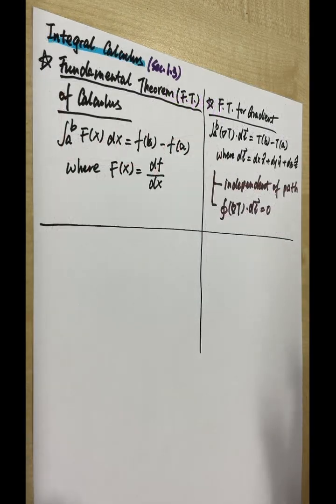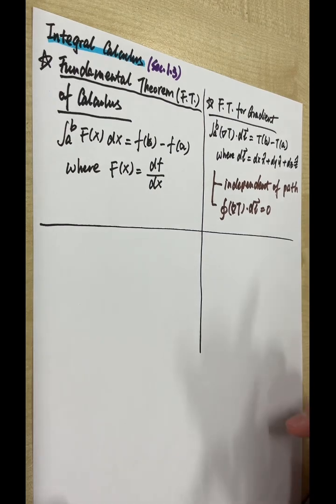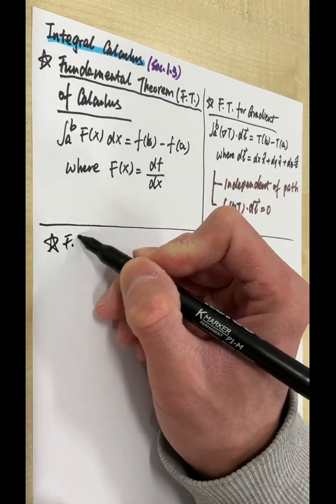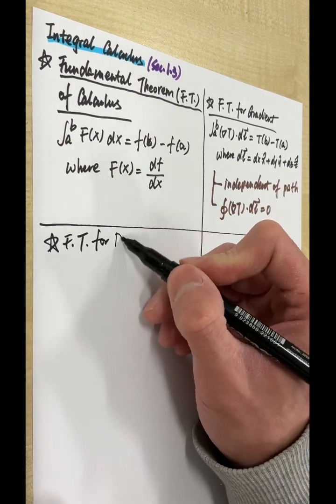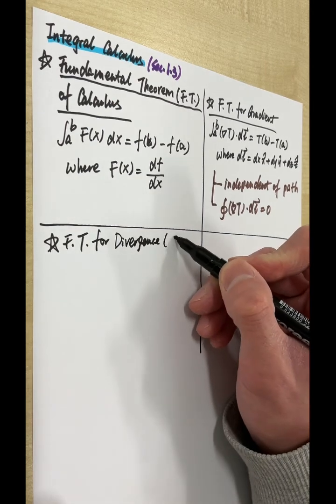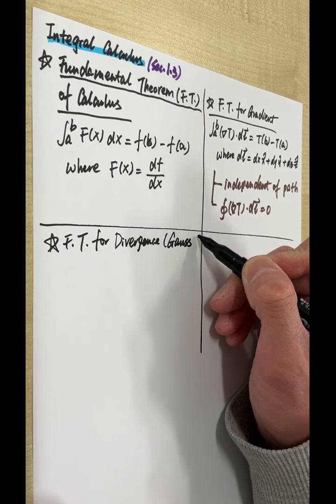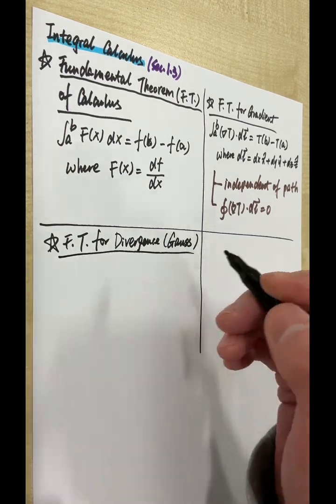Now we can apply this fundamental theorem to divergence. So I have the fundamental theorem for, guess what? Divergence. It's also often called Gauss's theorem. So what does this look like?